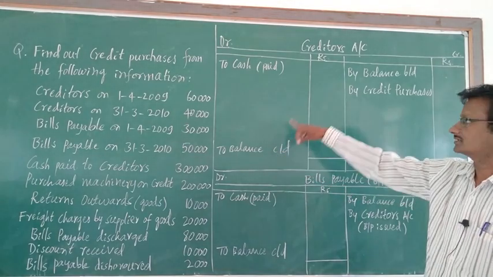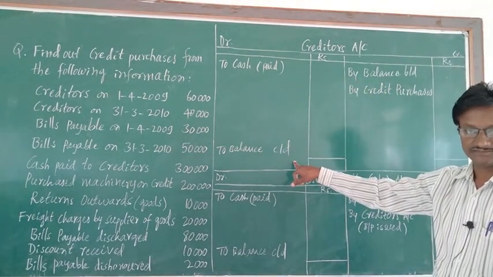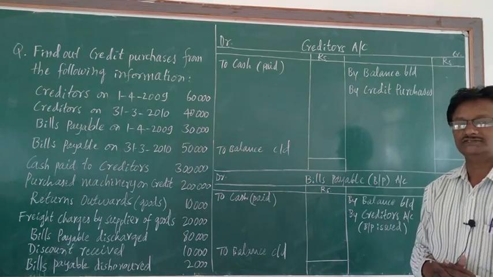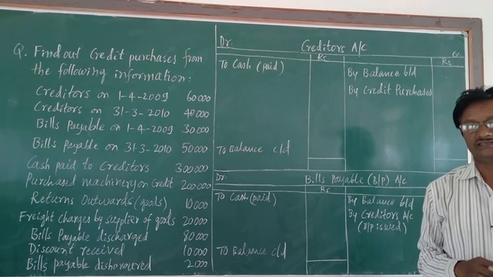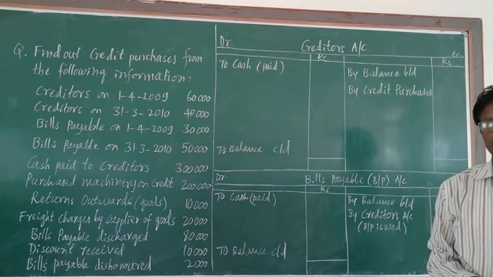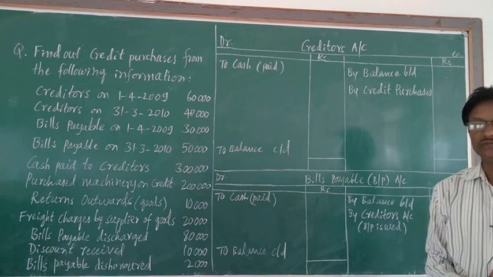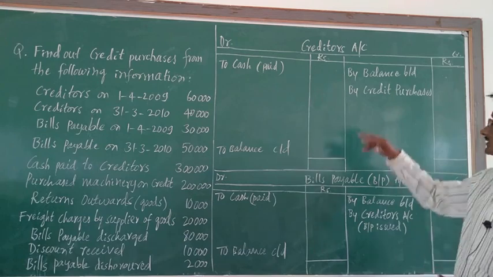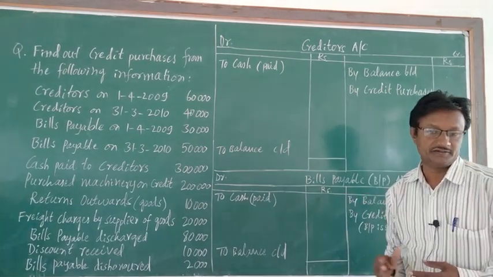That means these are the opening balance and closing balance. By balance brought down is opening balance and against this to balance carried down is closing balance. And other two main items are credit purchases and cash paid to creditors.